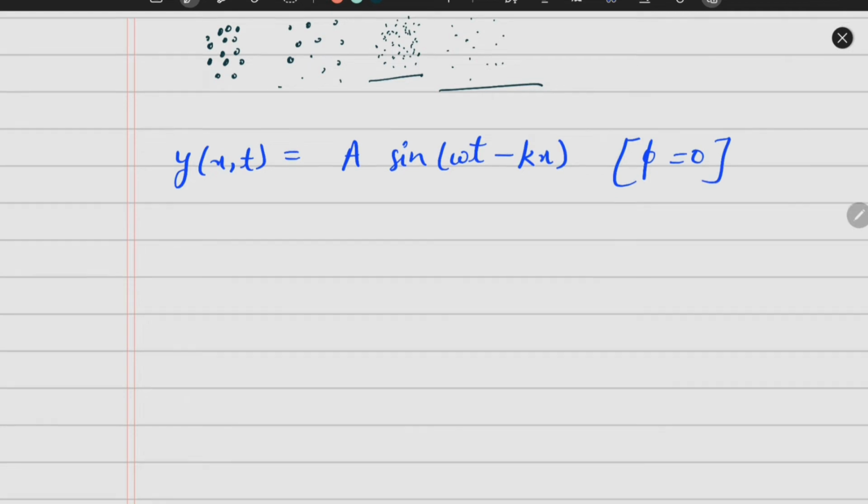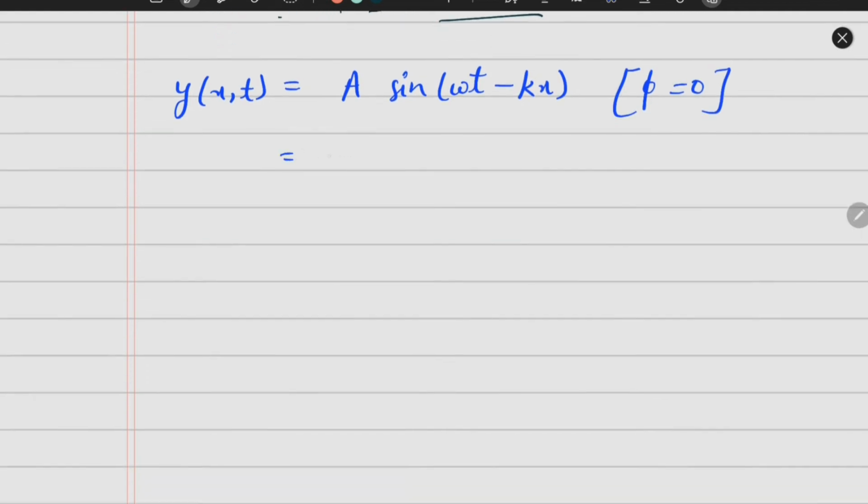If initial phase phi is present, then it will become A sine(omega t minus kx plus phi). It may be plus, it may be minus. So this is the displacement of the particle.